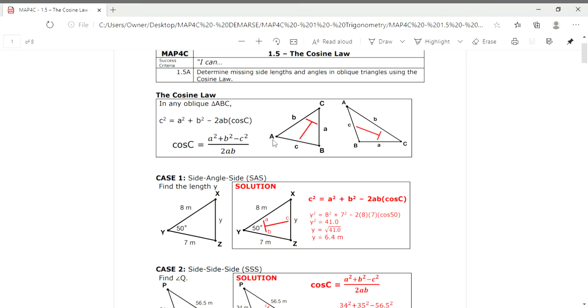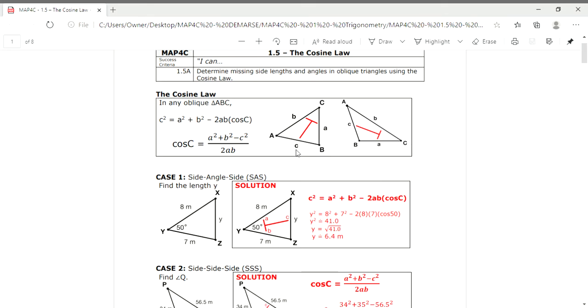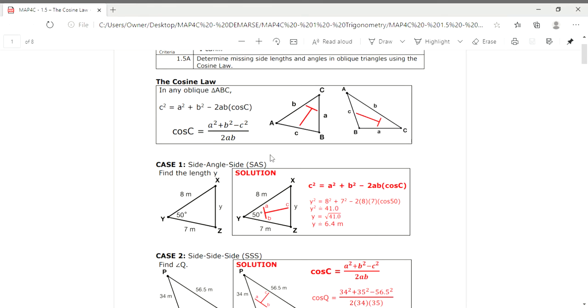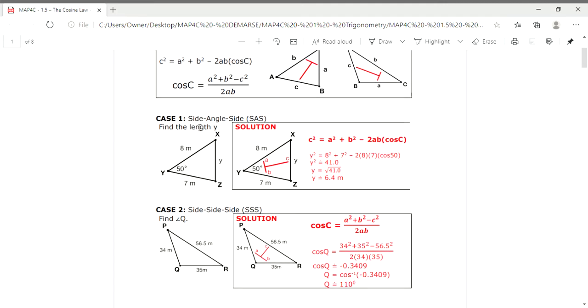To use the sine law, we had to have a matching angle and side combination, because recall the sine law was sine A over a is equal to sine B over b, which is equal to sine C over c, or the reciprocated flipped version of that: a over sine A is equal to b over sine B is equal to c over sine C. In any case, we needed a matching combination of an angle and its corresponding side. Cosine law allows us to solve a triangle when we don't have that situation.